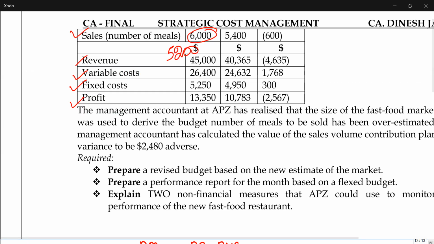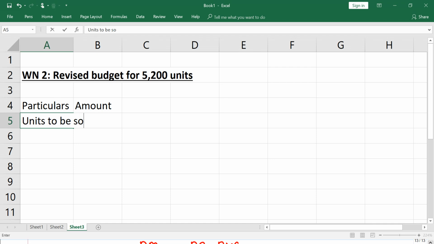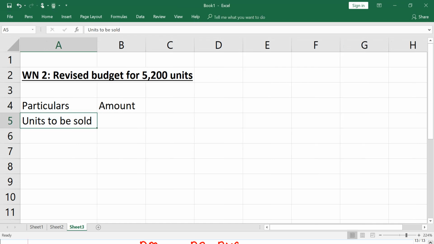Particulars and amount. Units to be sold.